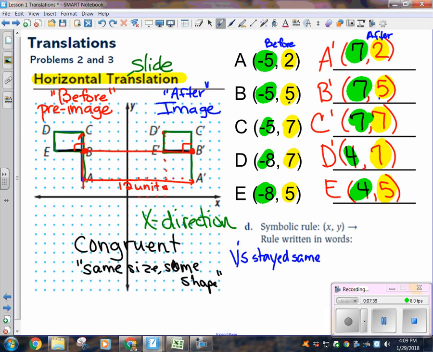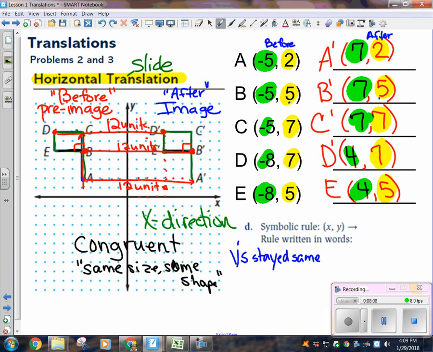Go across here. It's still 12. This one's also 12 units. What if I go from D to D prime, which is the corner to the corner, and I count that distance? It turns out I would also get 12. It's also 12 units to the right.